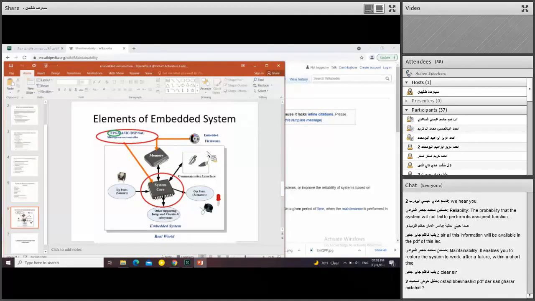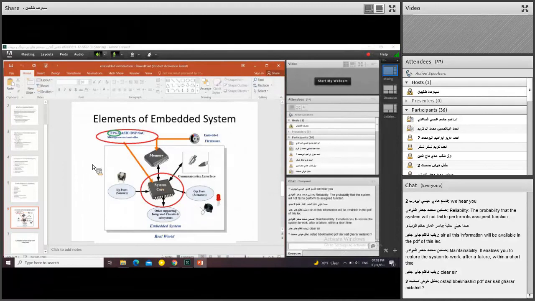Okay, let me go to the last slide. Elements of embedded system. As you can see, the elements of an embedded system are here. Input ports and output ports. Input ports are like sensors, and output ports are like actuators.